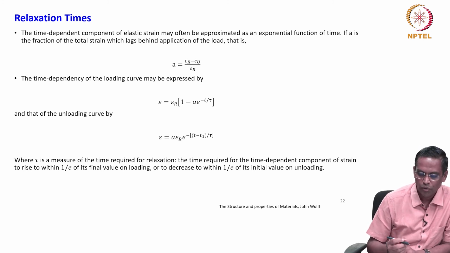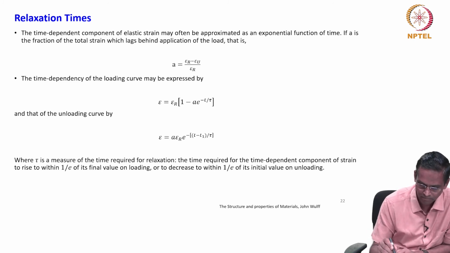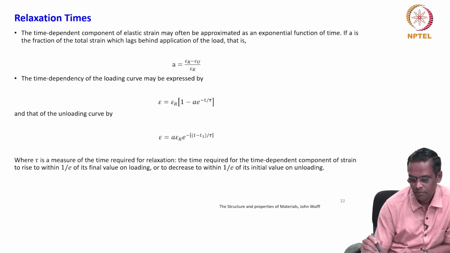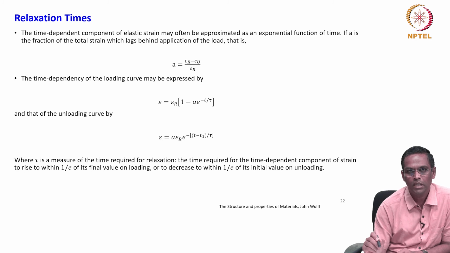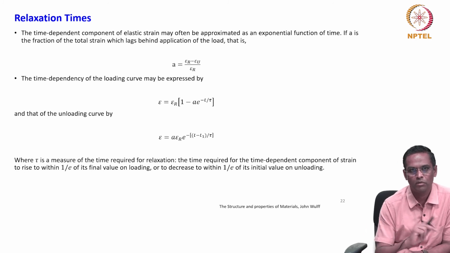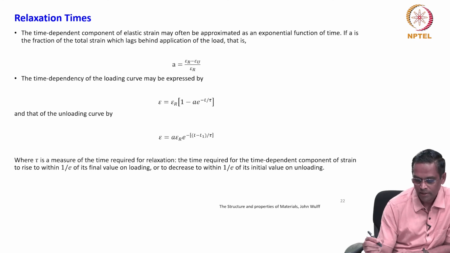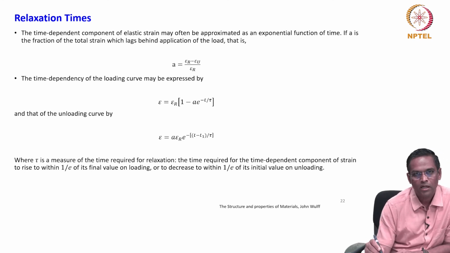So if you just take this particular equation, suppose I am putting t is equal to 0, t is equal to t1. These are the two times we have just looked at in that figure, right? Suppose if I replace t by tau, that means what?